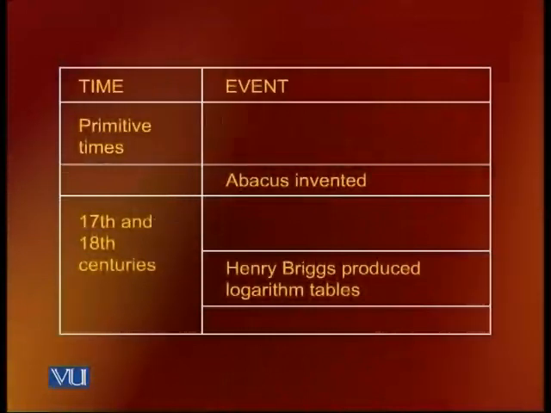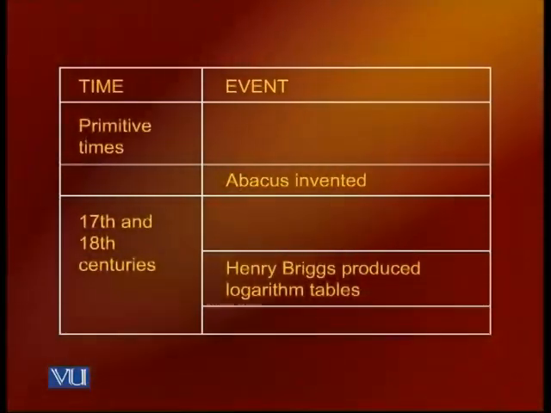If you go through your text, you will find that your text says that J. Napier devised mechanical ways of multiplying and dividing. The third major time period is the 17th and 18th centuries.